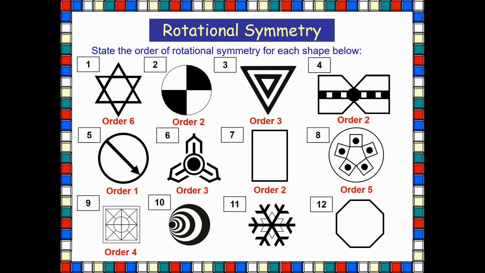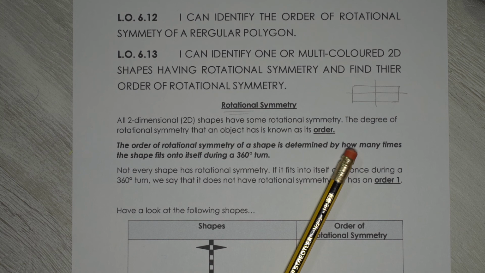Question 10, we have another circle, but this time the circle has an uneven pattern, so order 1. Question 11, we have that snowflake there. It has 6 pointed arms, so order 6. Question 12, we have this octagon, so order 8.